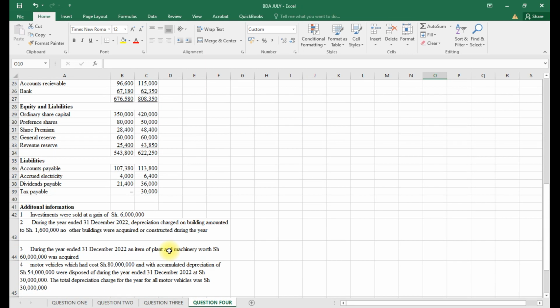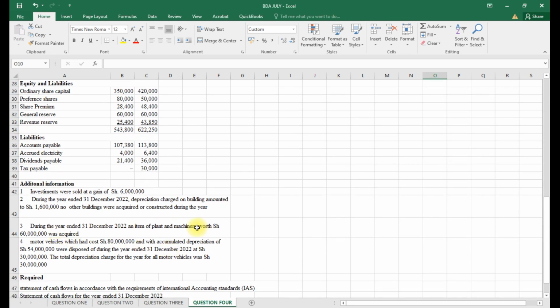And the other thing, just adjust what we know. During the year, an item of plant worth 60 million was acquired. We shall deal with that later. A motor vehicle which had cost 80 with an accumulated depreciation of 54 was disposed of during the year.